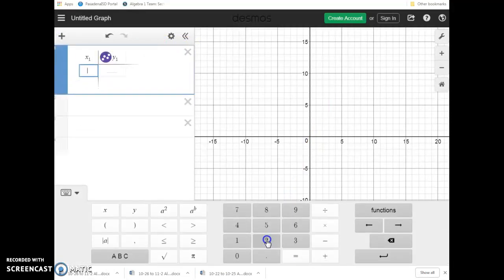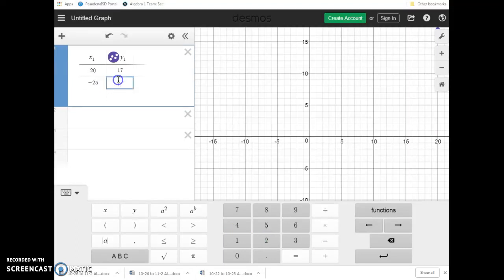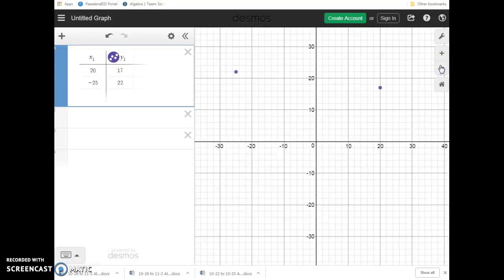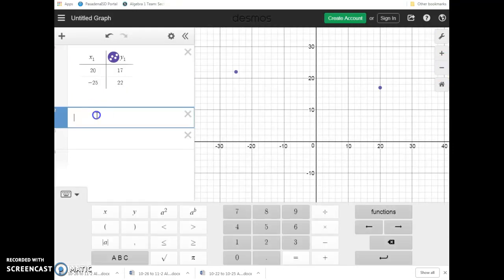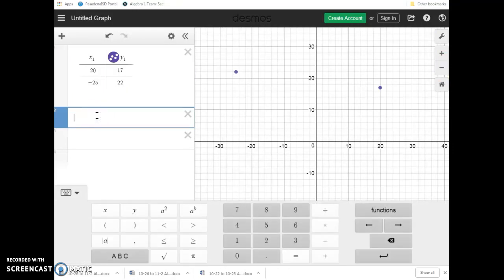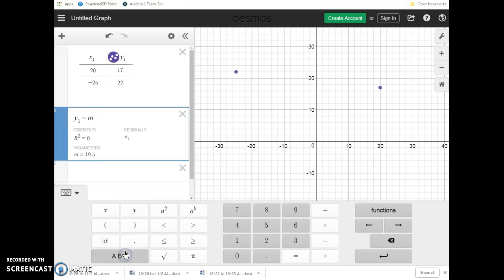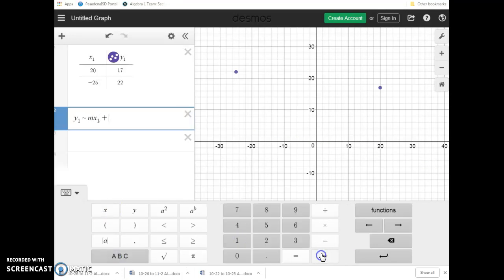I have 20 on the x, 17 on the y, and negative 25 on the x, and positive 22 on the y. Make it bigger. Do the linear regression because I need the equation so that I can find the slope. y1 approximately m times x1 plus b.